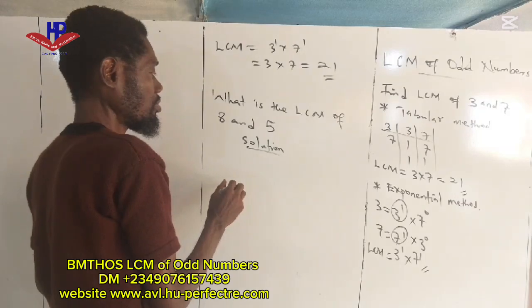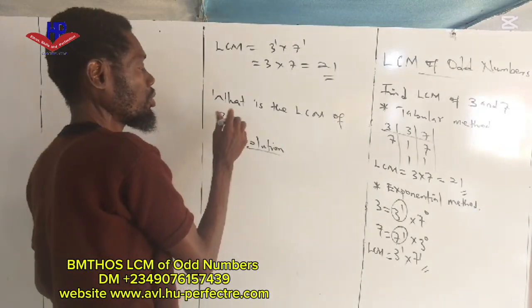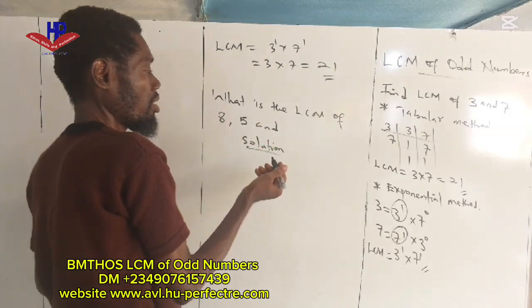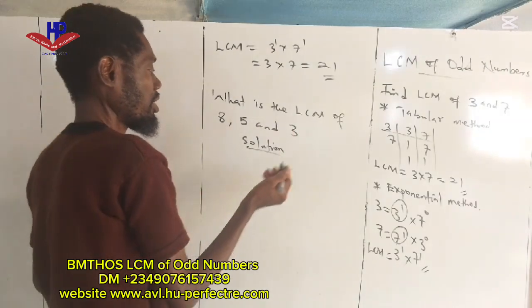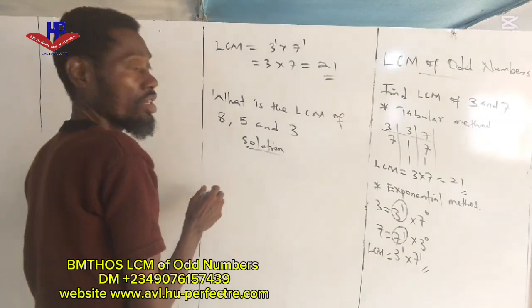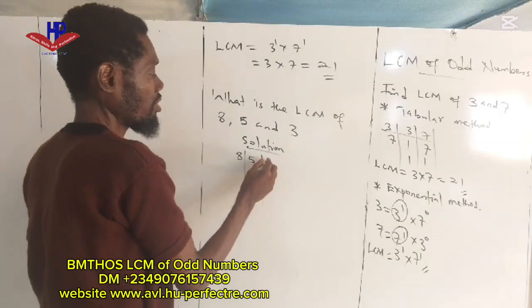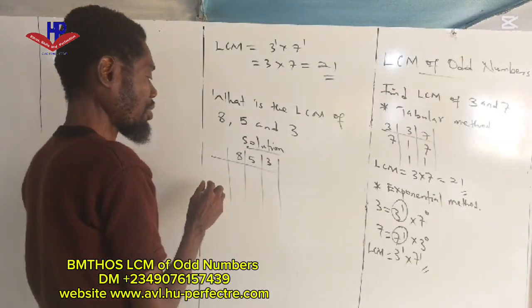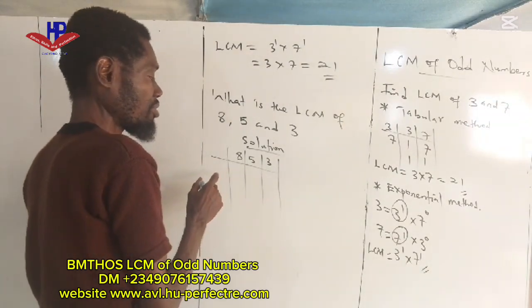Let me make it 3 numbers for you: 8, 5, and 3. Tabular form: 8, 5, 3. Put your factor area. What can divide 8, 5, and 3 at the same time?